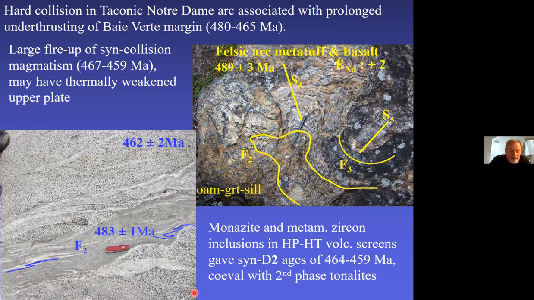Some plutons cut the deformation and are deformed, and others cut those as well. So it's basically a syntectonic, syncollisional suite. That's also consistent with the ages of the monazites and metamorphic zircon rims, which all give us ages in the range of about 465 to 459. So the arc is strongly penetratively deformed, and the rocks are buried to quite big depth.